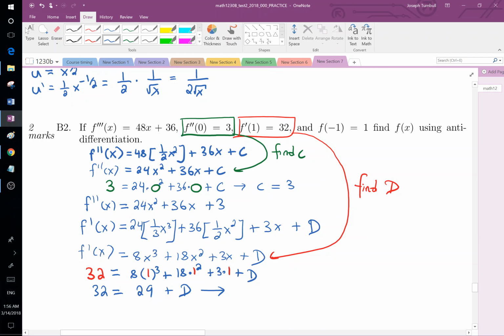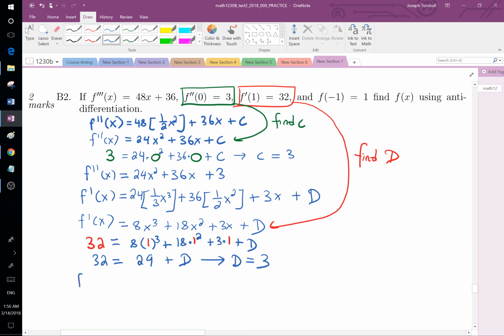And then subtract. d is equal to 3. So the derivative of our function, f prime of x, is 8x to the 3 plus 18x to the 2 plus 3x plus 3.